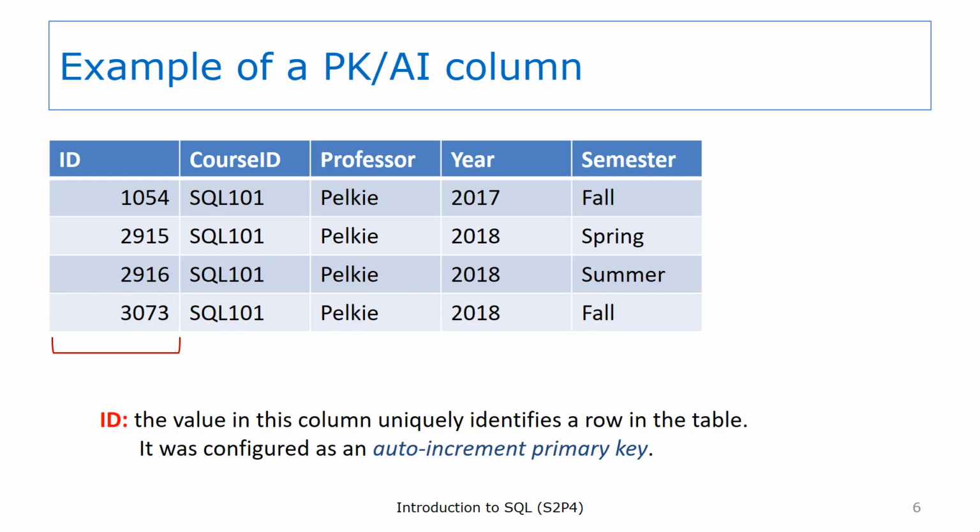That means that as new rows are added to the table, the next available sequence number is assigned to the ID column. The auto increment value is assigned on a per table basis. That means that if you have more than one table in a schema that uses auto increment primary keys, you might have the same numeric values assigned to the primary key columns.